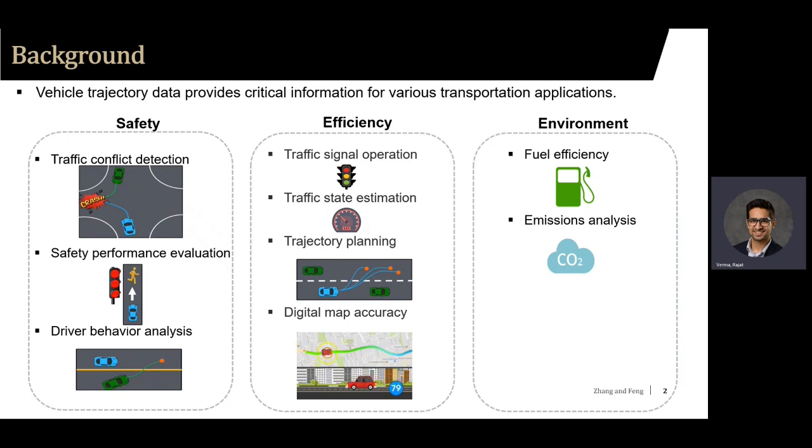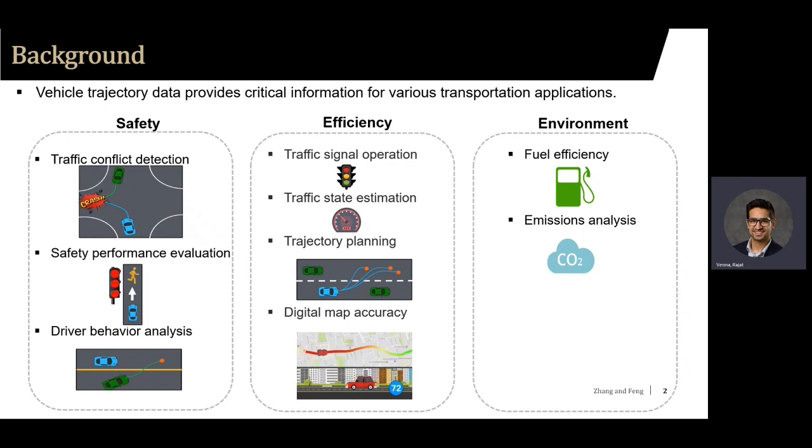To improve the traffic safety, it could detect the traffic conflicts to avoid crashes and evaluate the safety performance and analyze drivers' behaviors like the illegal driving behavior. And to improve the traffic efficiency, it could help us to operate the signal timing and estimate the state like speed estimation and the platoon estimation.